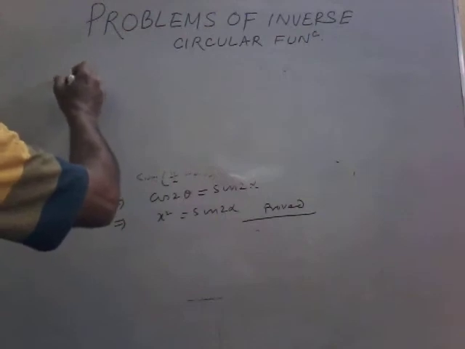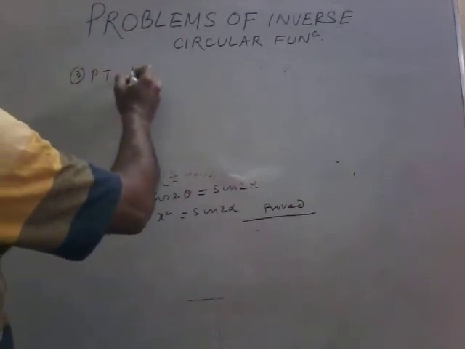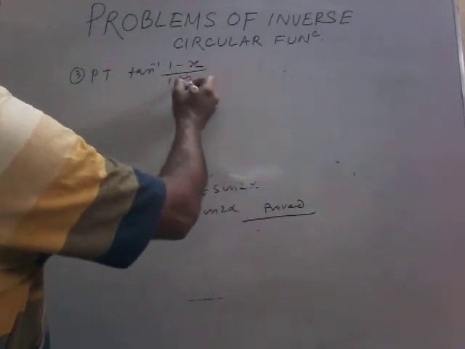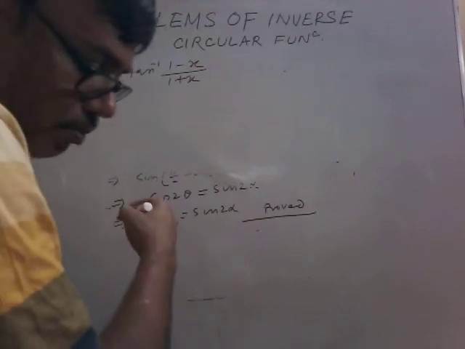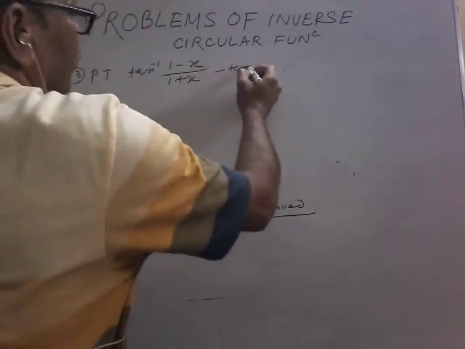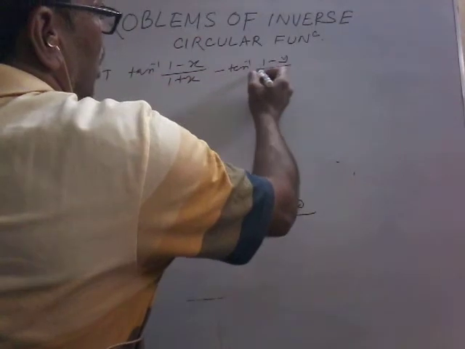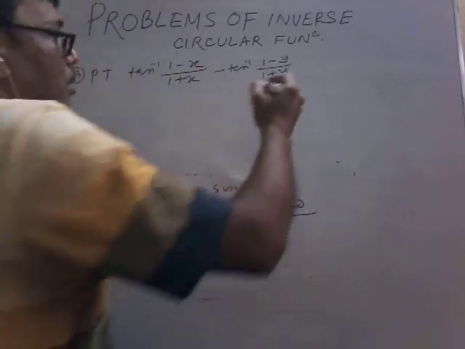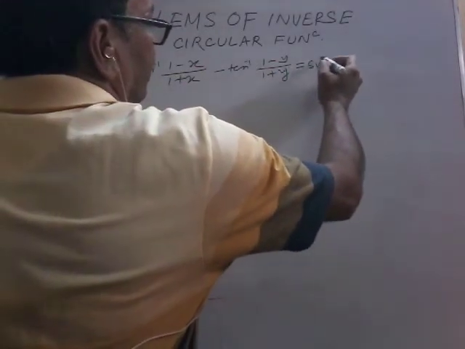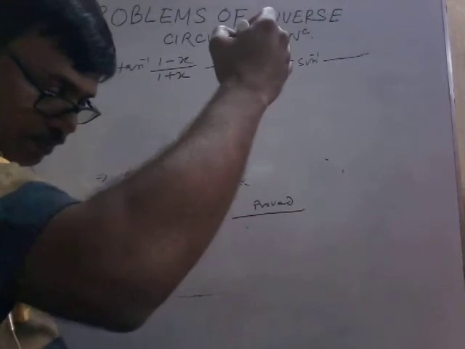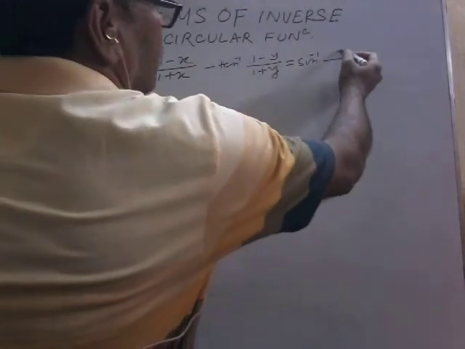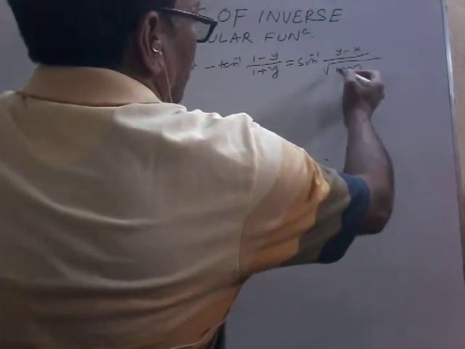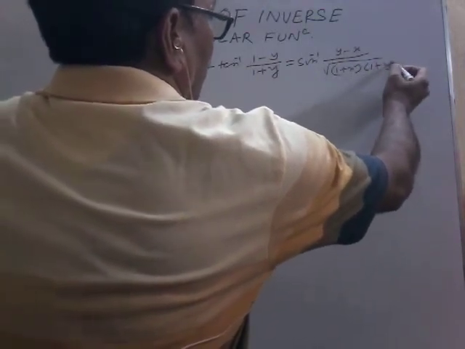Prove that tan inverse (1 minus x by 1 plus x) minus tan inverse (1 minus y by 1 plus y) equals sine inverse of (y minus x) by root under (1 plus x square)(1 plus y square).